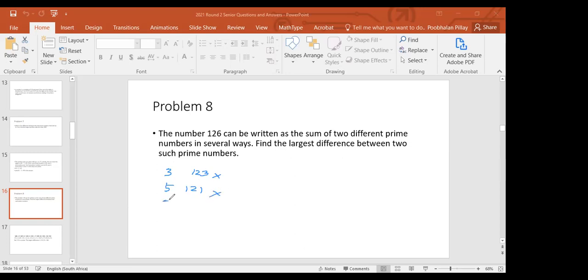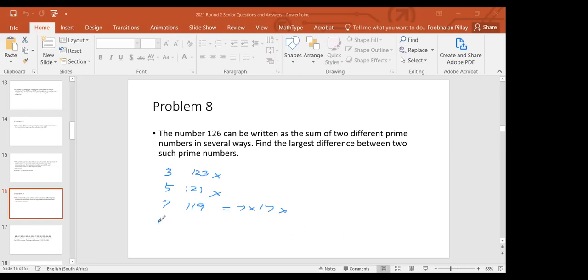So this is testing your factorization, your bonds. Actually, the 7 gives you 119. You might be tempted to say that this is a prime number, but it isn't. 7 goes exactly into this. So you'll have to eliminate that.